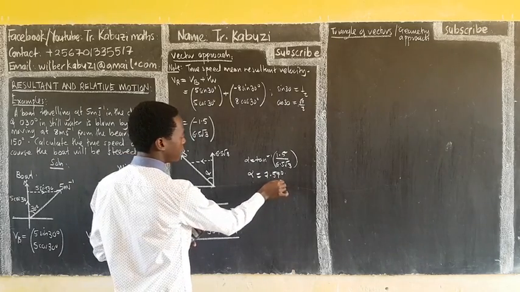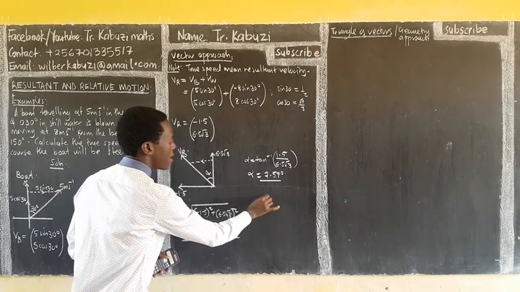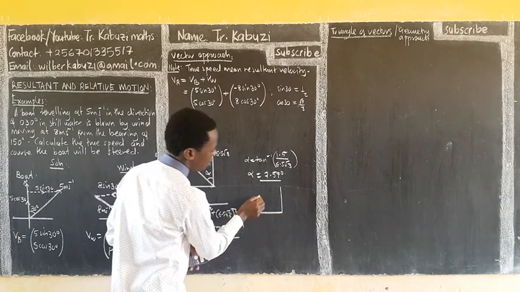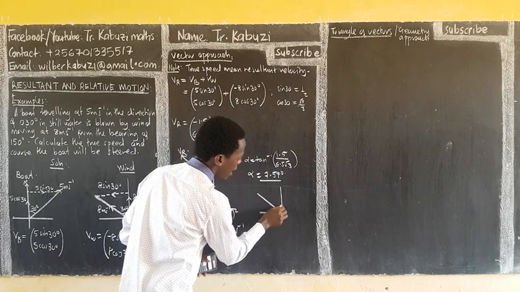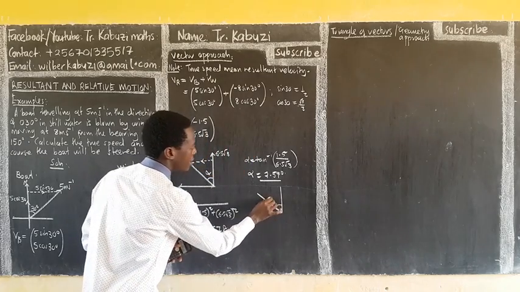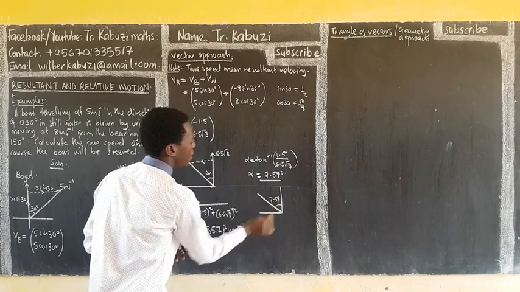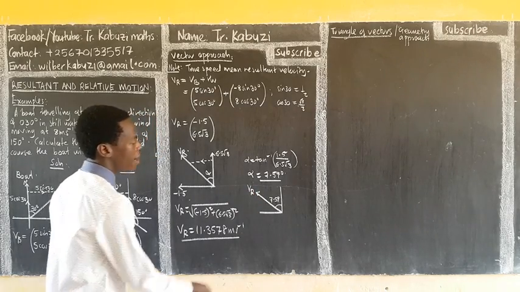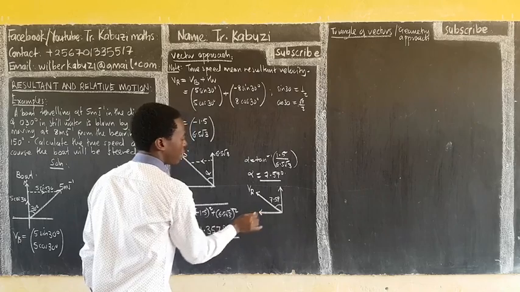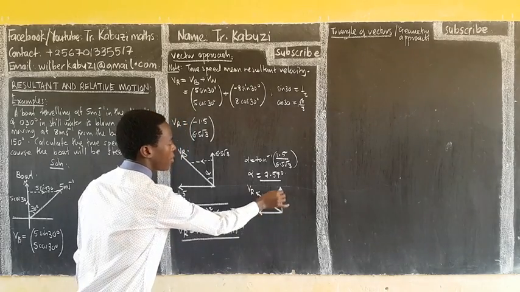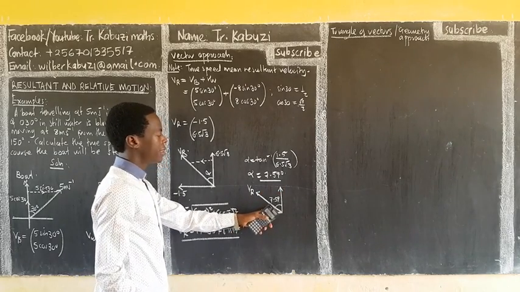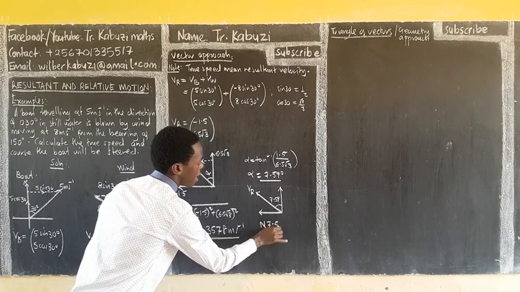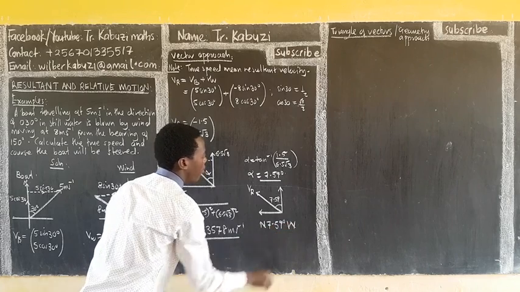Now you be careful. So now it means that this is my resultant, and this angle here is 7.59. So this is my VR, the full velocity. So there are two ways we can give this. One, we can say north 7.59 degrees towards the west.